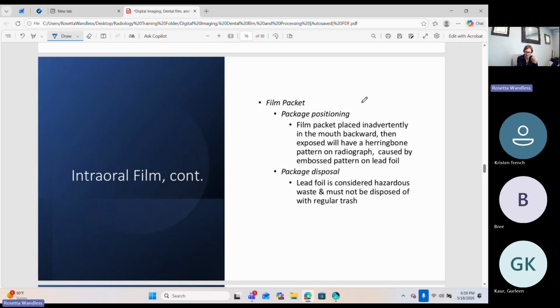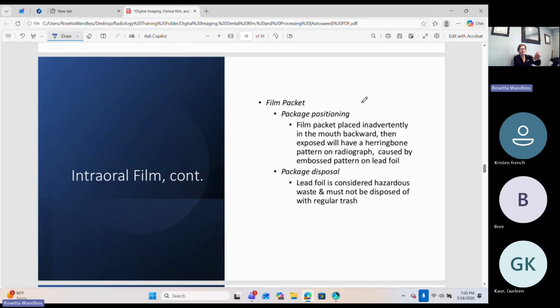So what does that exactly mean? Our lead foil is at the back part of that picture. The film's in front of it. The teeth would be literally in front of that film, okay? And x-rays are coming this way, go through the tooth, hit the film, then hit that lead foil to stop any extra going past, so we get a clear image.